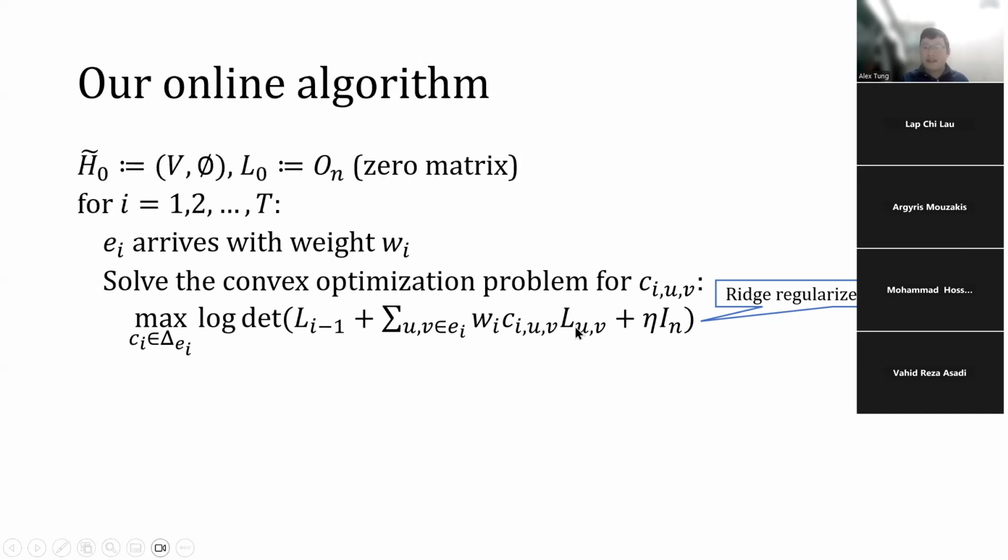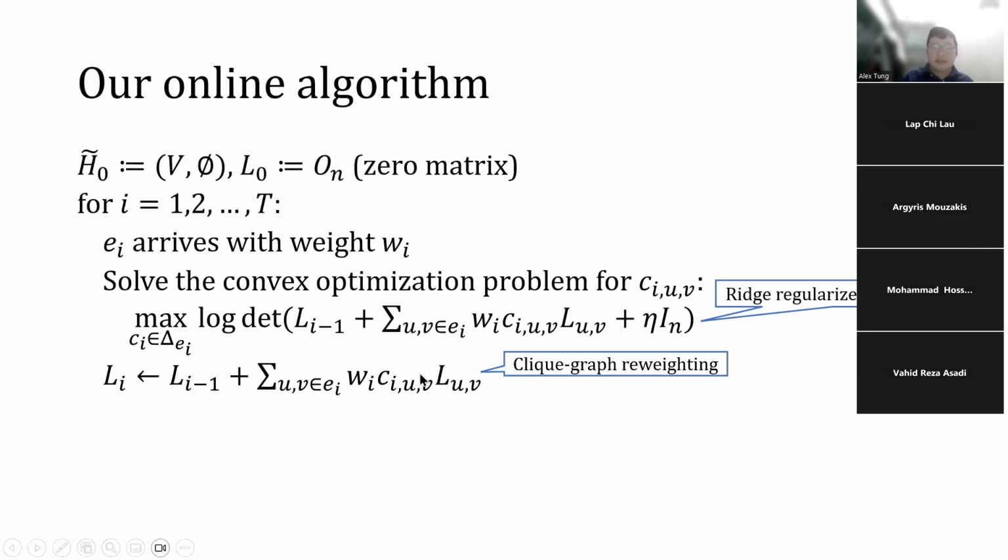And then LUV is the edge Laplacian. And then finally, there's this eta I_n. So as a regularizer, the point is to give a warm start to the algorithm so that all the eigenvalues are at least eta to begin with.